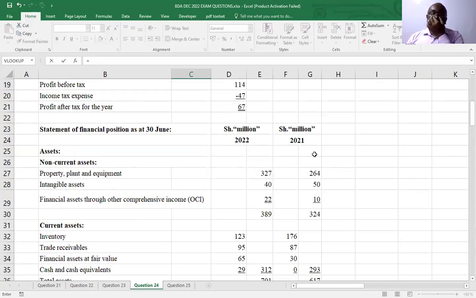Yes, there should be an interchange. So if yours here is 2021, make it 2022. The practice, do we give the latest year first or the oldest year, the previous year first? What is the practice?